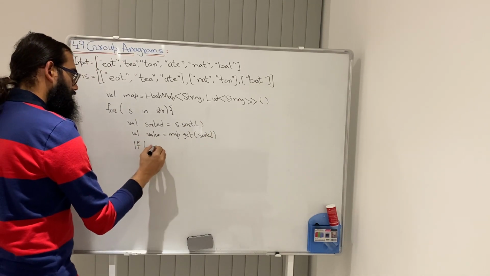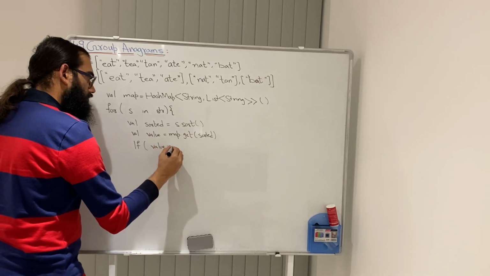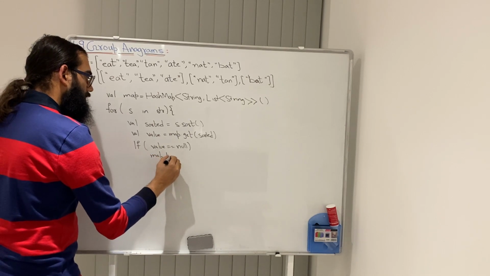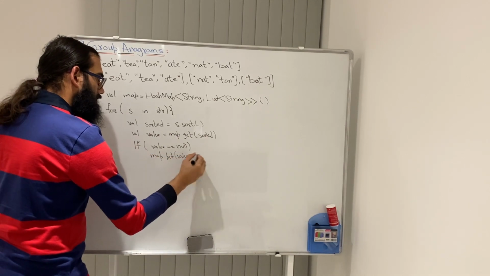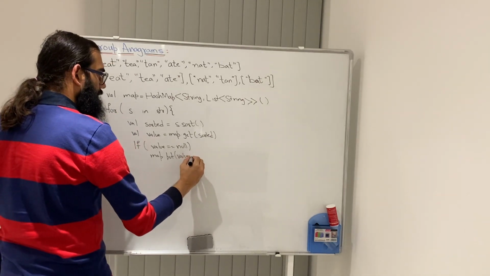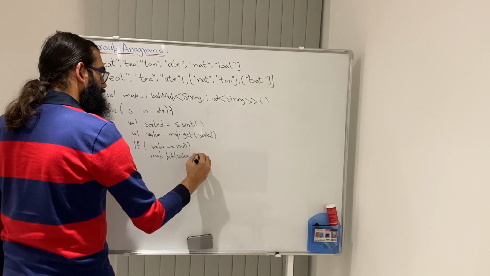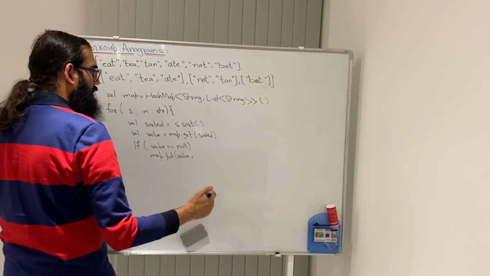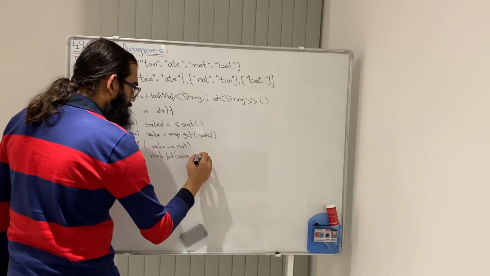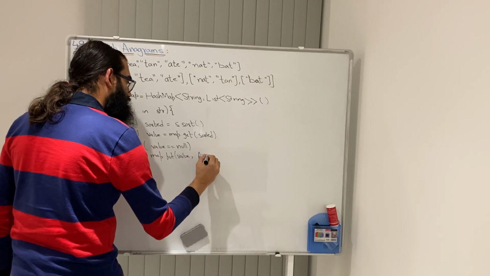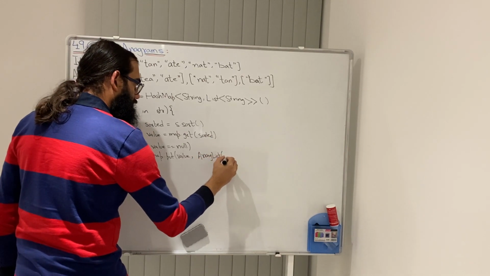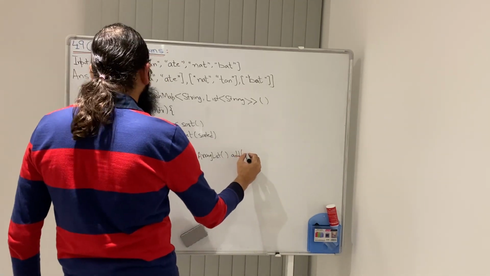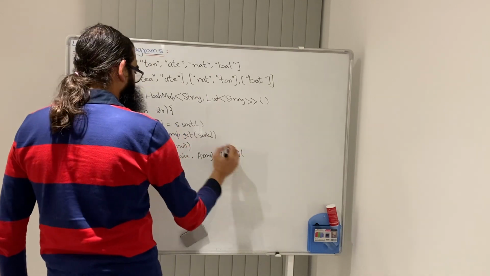I will say if value is equal to null, it means it's a first-time value. I need to put against the key a mutable list. In Kotlin we use mutable, but mostly if you are good with a simple list, it's like an array list dot add of s.